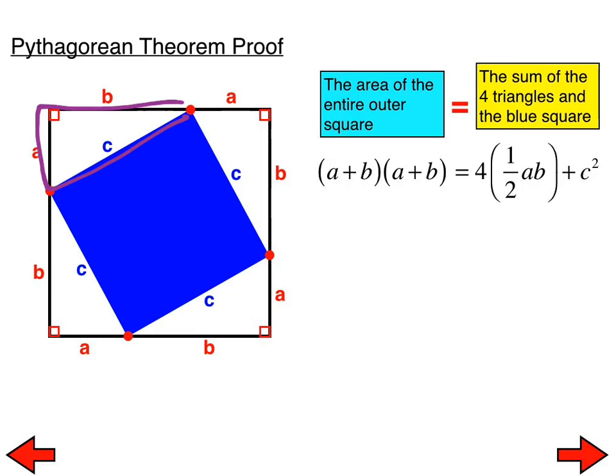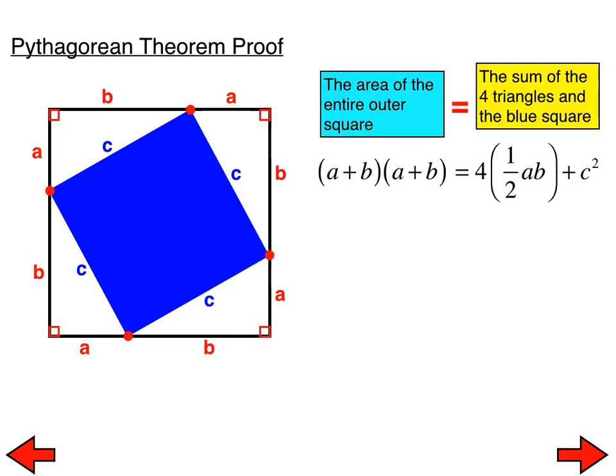Or maybe it's better to look at this one right here. To find the area of any triangle, it's 1/2 the base times the height, plus the area of the square. So here, these are the 4 right triangles. There is the area of the square. So if I could prove that these two sides are equal to each other, or equivalent, I could prove that the Pythagorean theorem has to work.